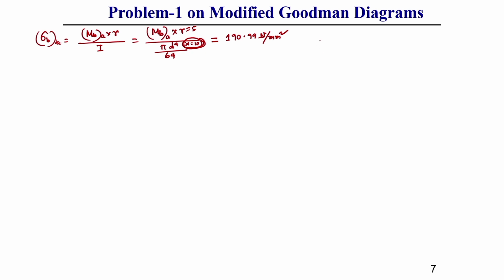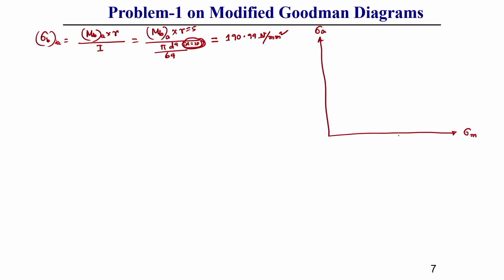For the modified Goodman diagram, I am drawing here. This is our mean axis and this is our amplitude axis.